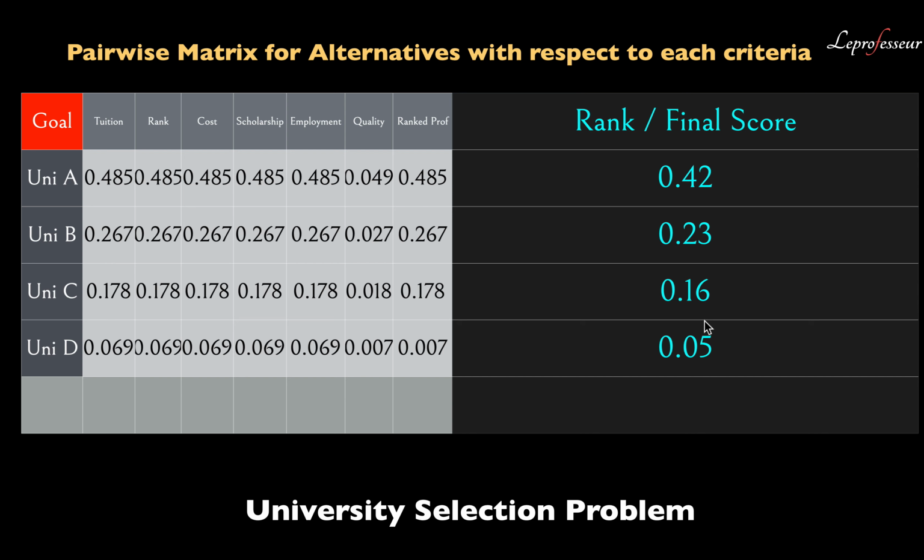These are the rank or final score of each university, or each alternative. Whichever is higher is the preferred choice. Here University A has the highest number among all, so that tells me that this is the preferred, better choice.